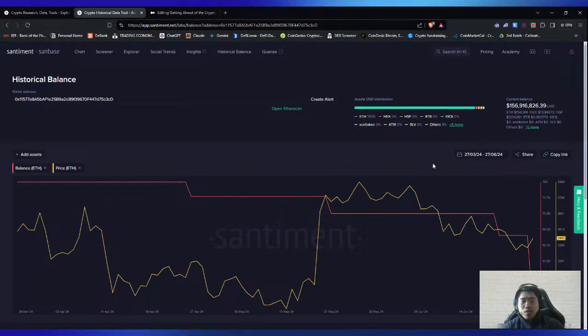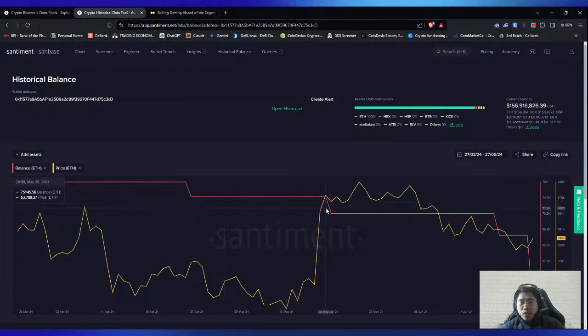Here we can see the red line is their ETH balance, while the yellow line is the price of ETH. We can see that on April 11, they held 79,000 ETH, and then they trimmed it on April 27, going from 79,000 down to 75,000.